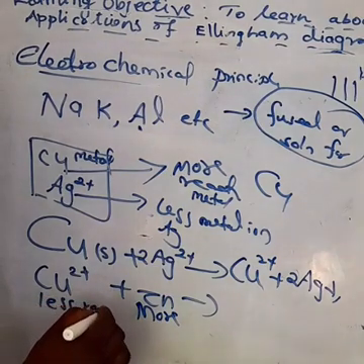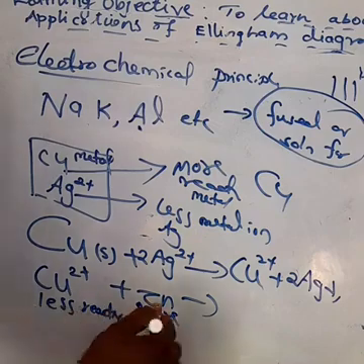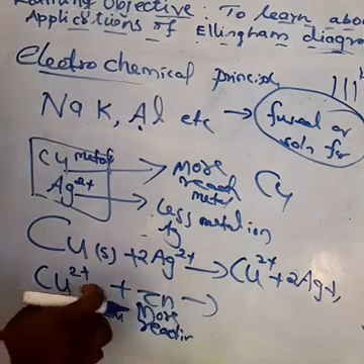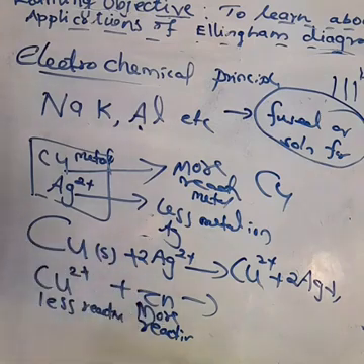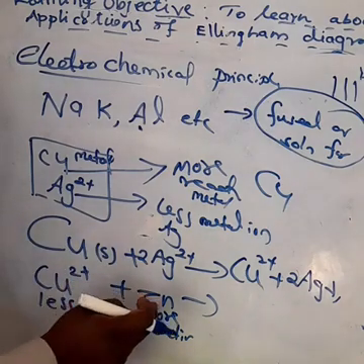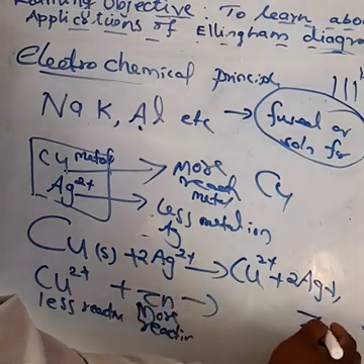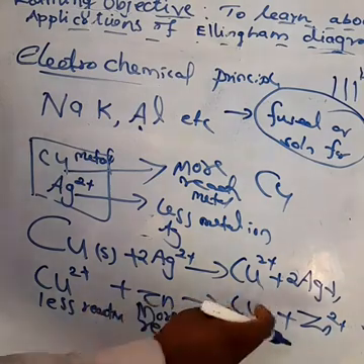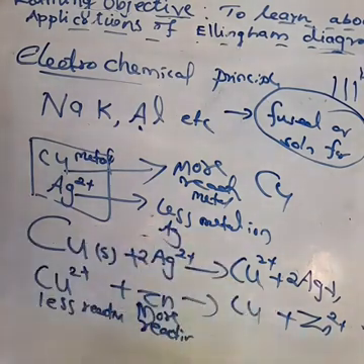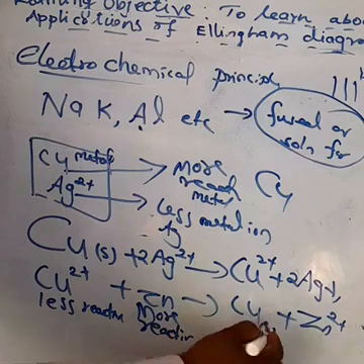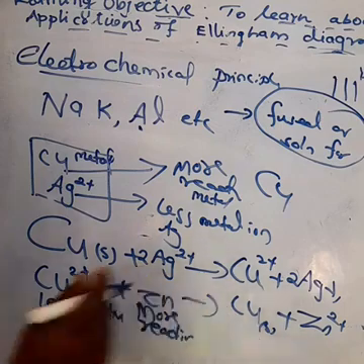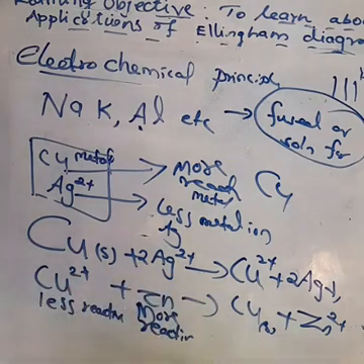When we react these two, we get zinc ions and copper metal. First you have to write copper Cu plus Zn2 plus ion. Here copper is the less reactive metal, zinc is the more reactive metal. Clear?